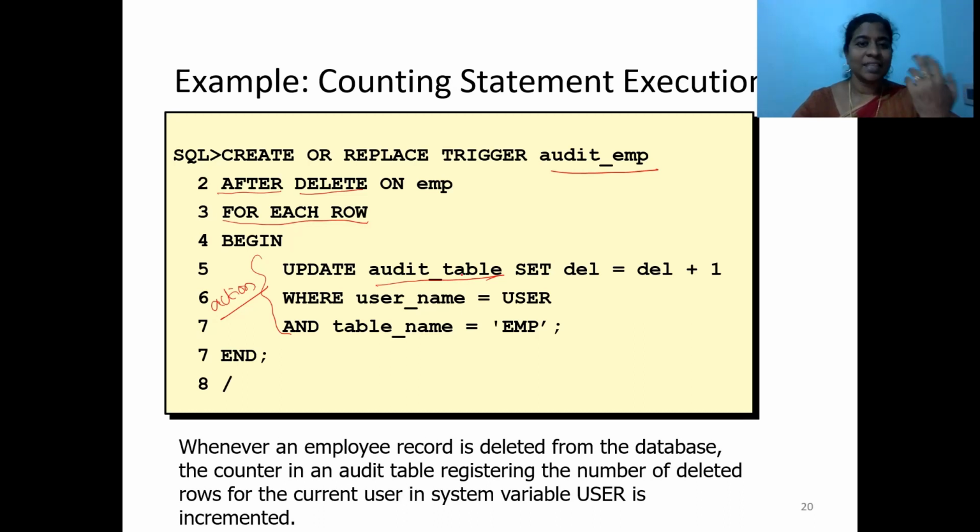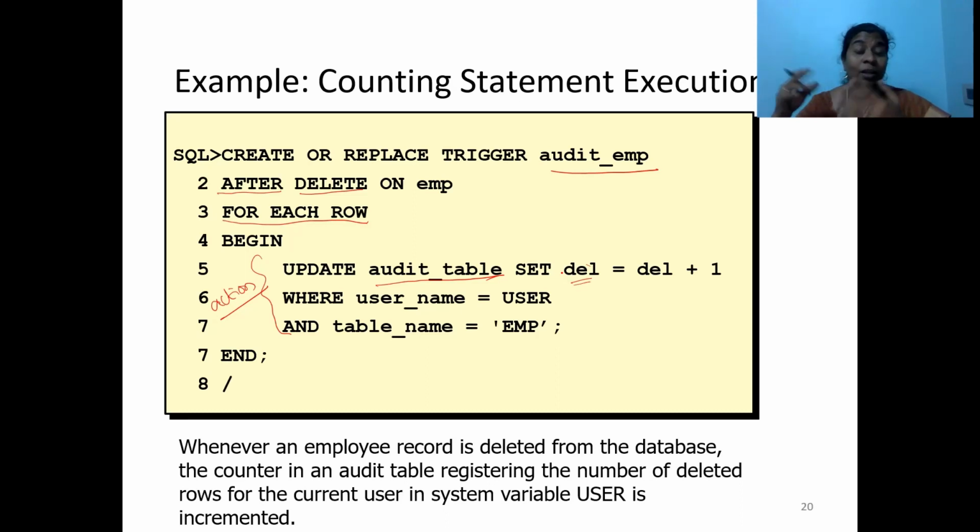There is a table called audit table that we are going to update, where delete is equal to delete plus 1. So how many delete operations have been done, that we are updating in the audit table, where username is equal to user and table name is equal to employee. So from the audit table we can find out how many delete operations have been done.